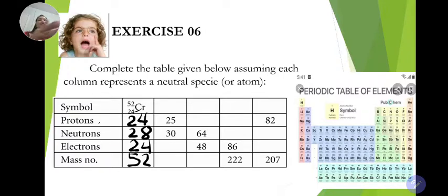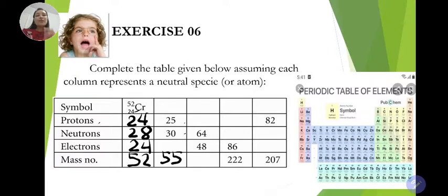Okay? Now for the next column, we have the number of protons, which is our atomic number, and the number of neutrons. From these two, we can compute our mass number, which is atomic number plus the number of neutrons. So 25 plus 30 is equal to 55.